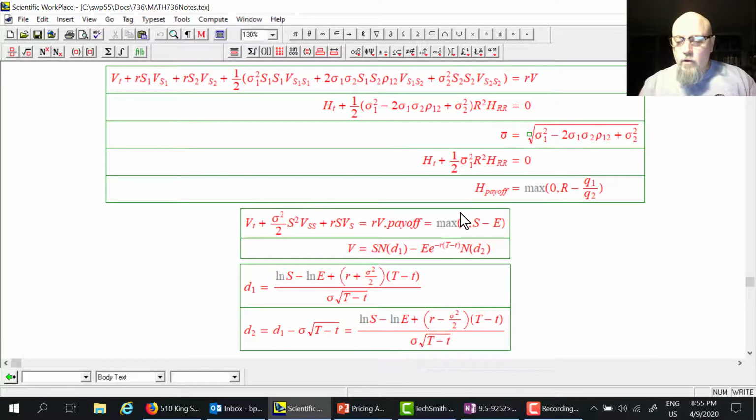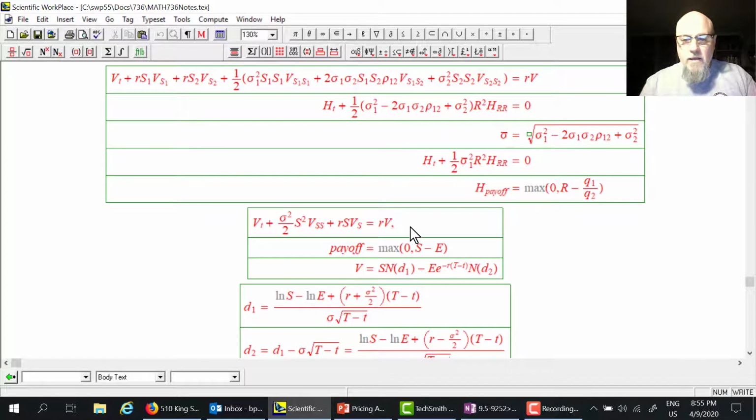So here's the equation that we're trying to solve for h, and here's h's payoff. It's the maximum of 0 or r minus q. It's like a call option where this is the stock and this is the strike price. So let's compare our regular Black-Scholes to the equation we got.